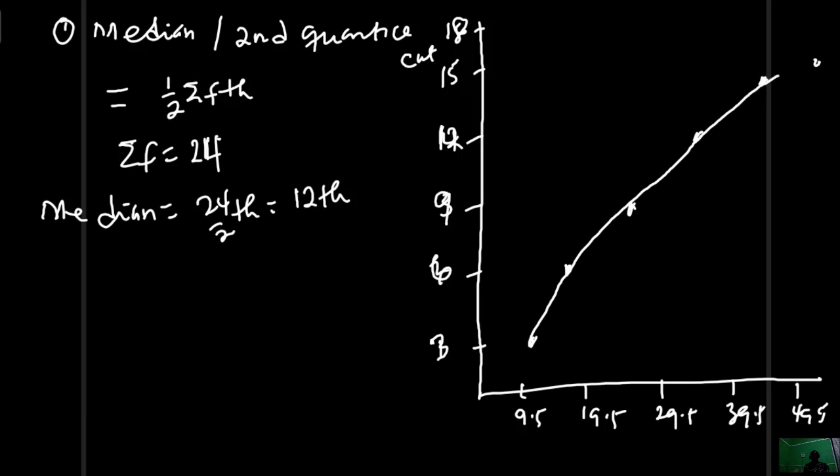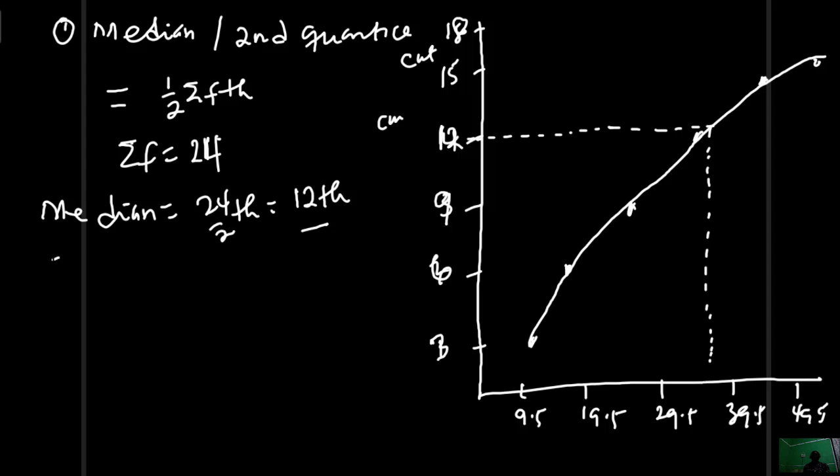Good. So having gotten the median or second quartile to be 12 position, look for 12 on the cumulative frequency side. So 12 is here, then trace it to the curve that you have drawn. Then you send it back to the x-axis to locate your answer.